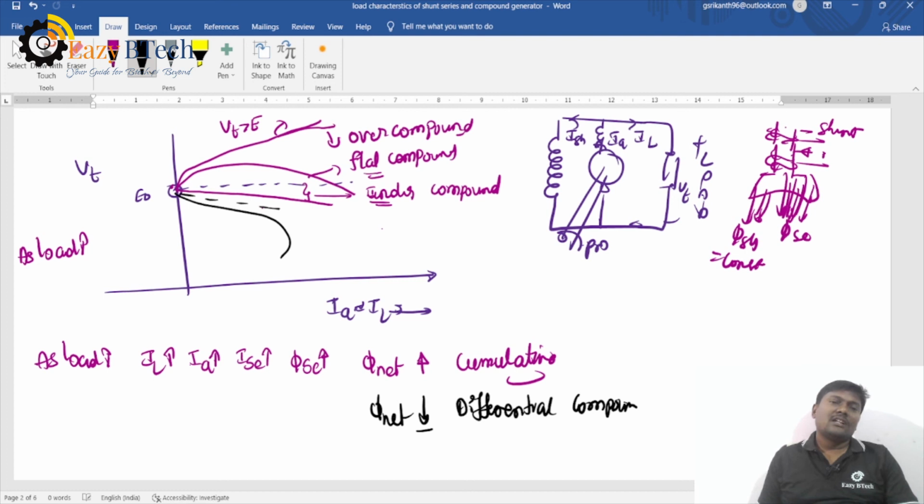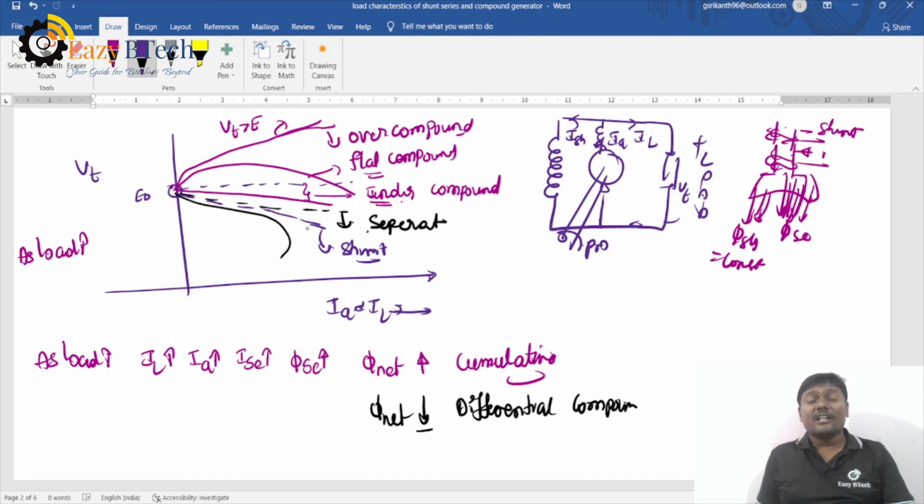After that, we have the separately excited generator, which has some more drop than over and under compound. After that, the shunt generator. The reason for the shunt generator's drop is the reduction of field current due to armature reaction and armature resistance drop.